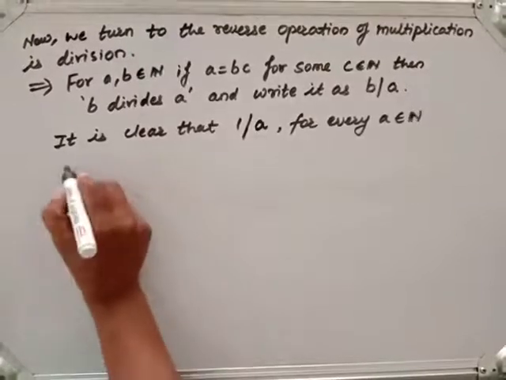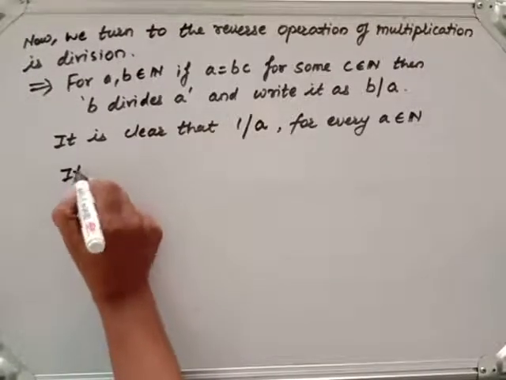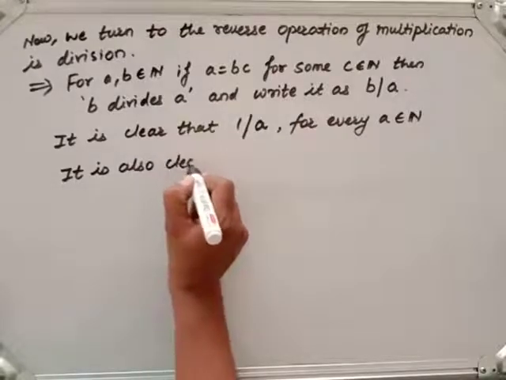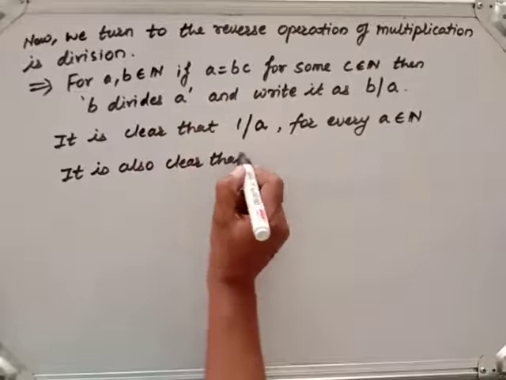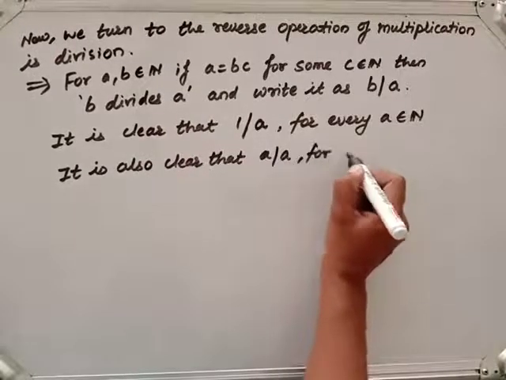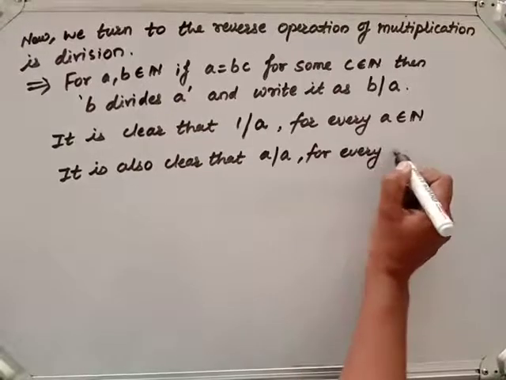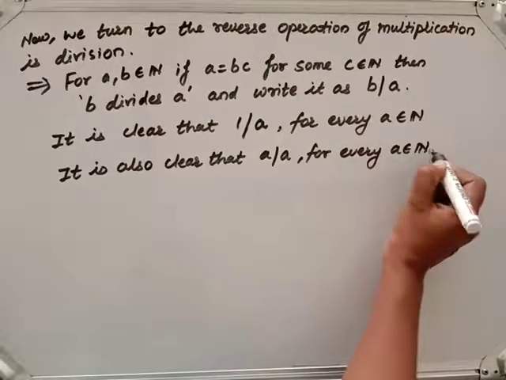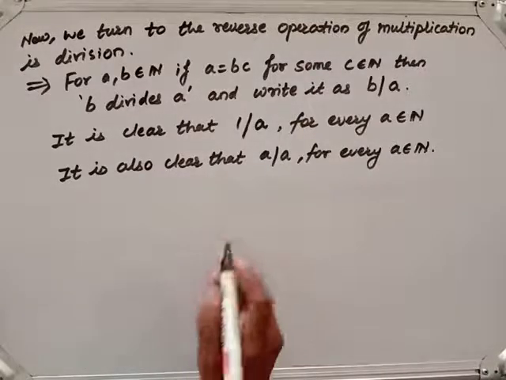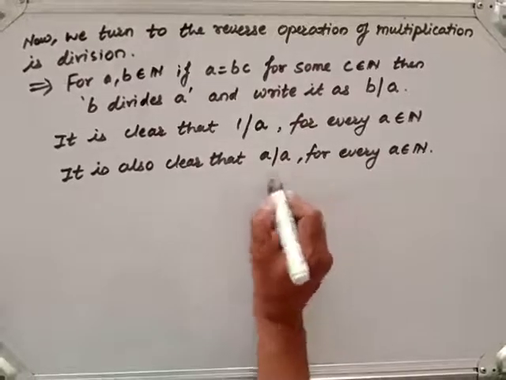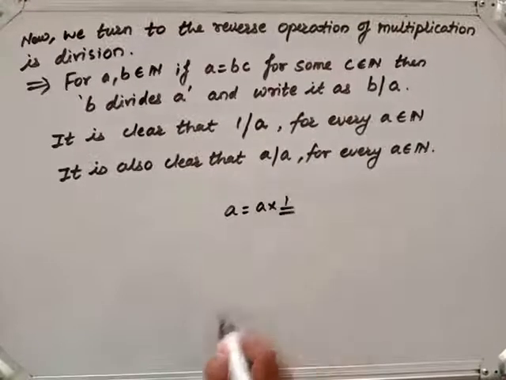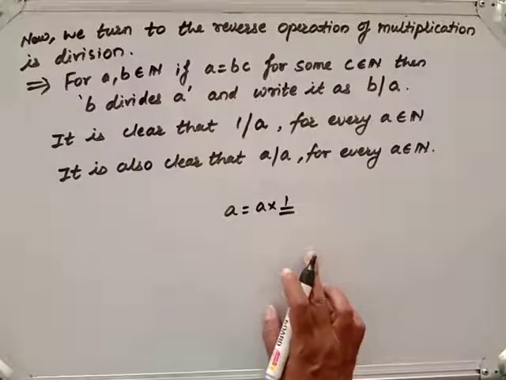Now the other one is also clear: a divides a for every a belonging to the set of natural numbers. So a divides a means what? a is equal to a into some number, and that number is 1, which belongs to the set of natural numbers.